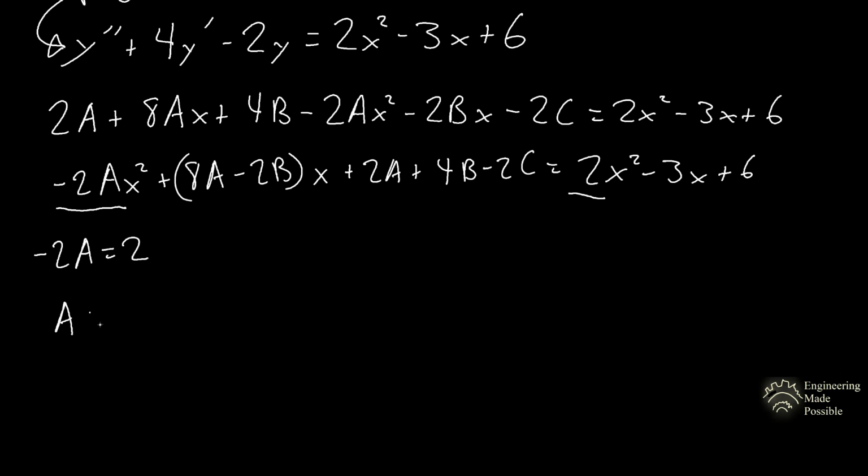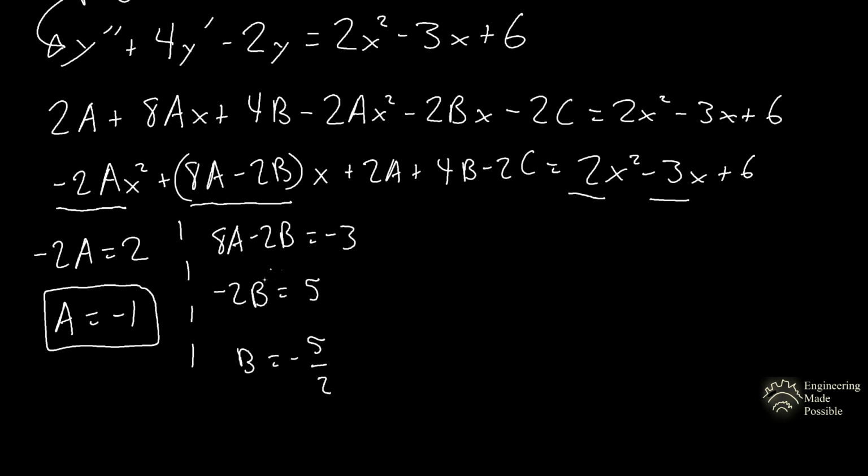We see that a is equal to negative 1 in this case. For the variable x, we have 8a take away 2b is equal to negative 3. Then we already have the value of a, which is negative 1. Then we go ahead and solve for b, which is equal to negative 5 halves.